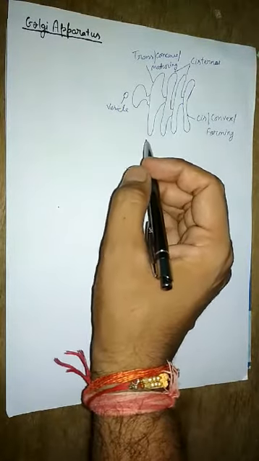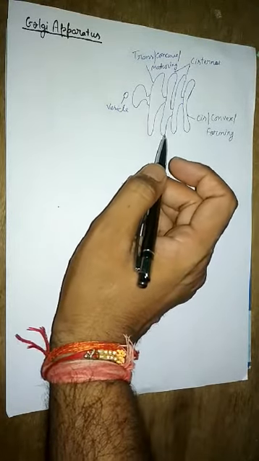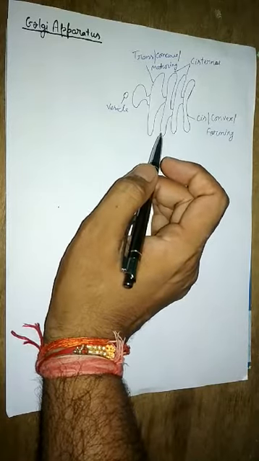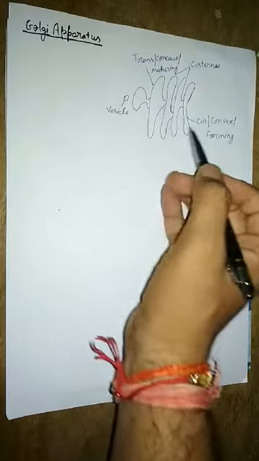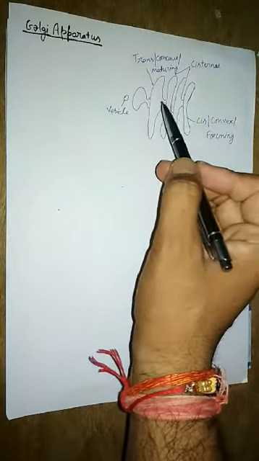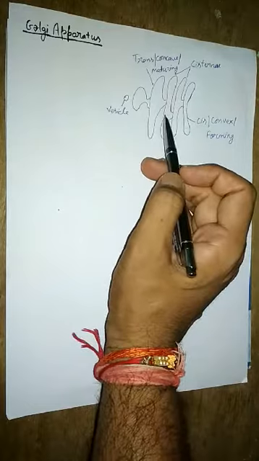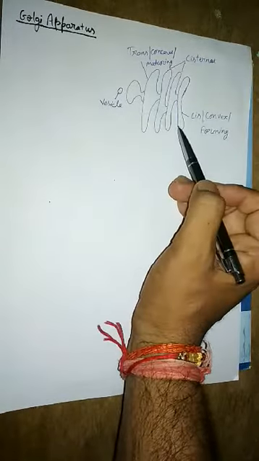For example, if anything is manufactured in a company, before marketing, or we can say before it is delivered, it has to be packaged. Similarly, if any metabolic substances are formed inside a cell, they have to be packaged, and the work of packaging is done by the Golgi apparatus. Clear? This cell organelle performs the function of packaging.